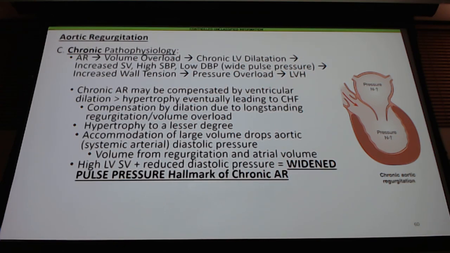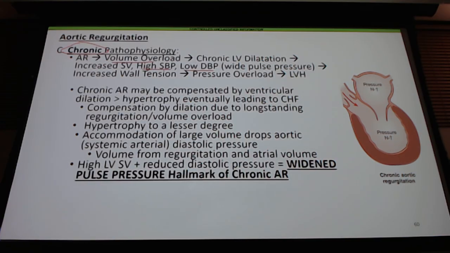When we look at the pathophysiology of chronic aortic regurg, the biggest thing is going to be volume overload, because of the regurgitation, most of the volume that you ejected during systole is just going to come right back. So you have a very low diastolic blood pressure because you're not maintaining that volume that was squeezed.